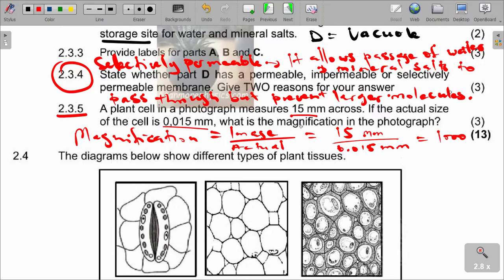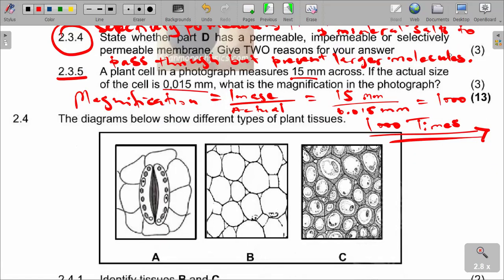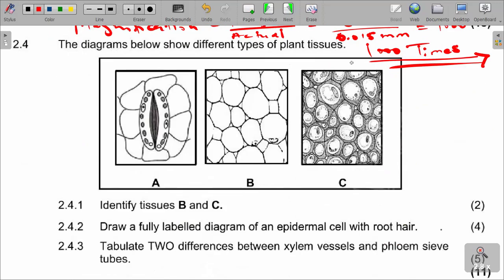So the magnification in the photograph is multiplied by 1,000. It has been increased 1,000 times, class. Because image over actual gives us the magnification, or the exaggeration, or the enlargement.